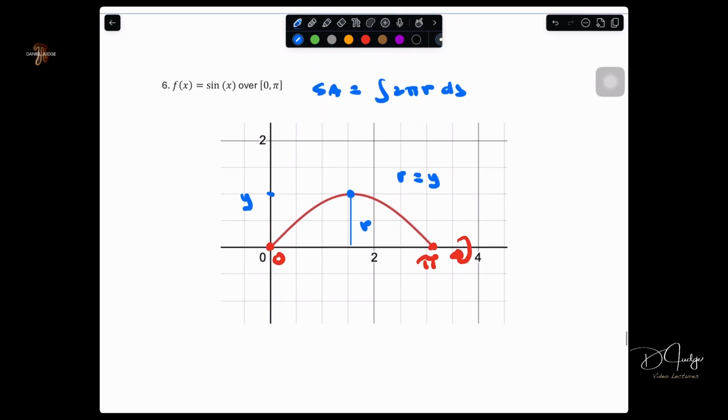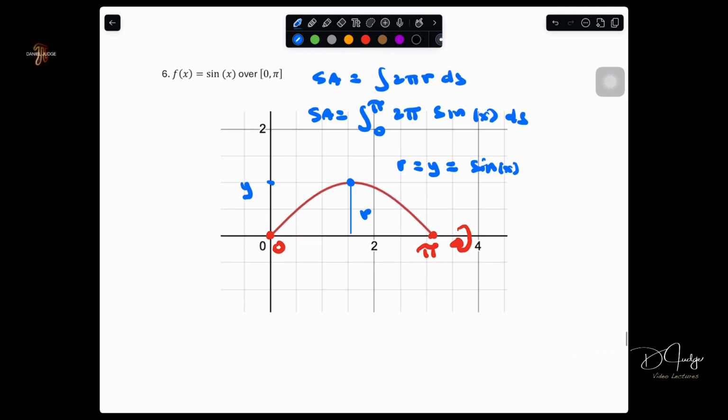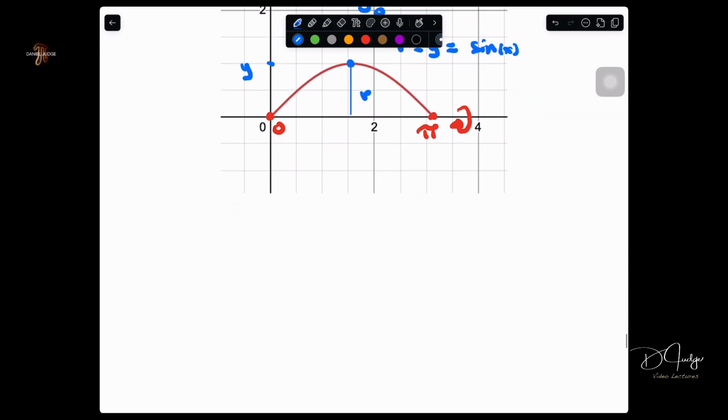And we're going to have to integrate now over the interval 0 to pi, 2 pi, where r is the y coordinate value, which is really going to be sine of x. So we have sine of x ds, and the ds portion, we'll bring this all the way down here. I'll rewrite it.